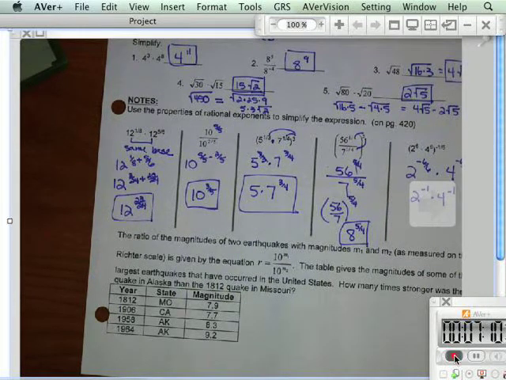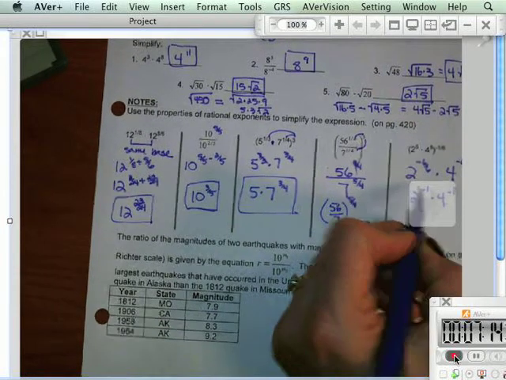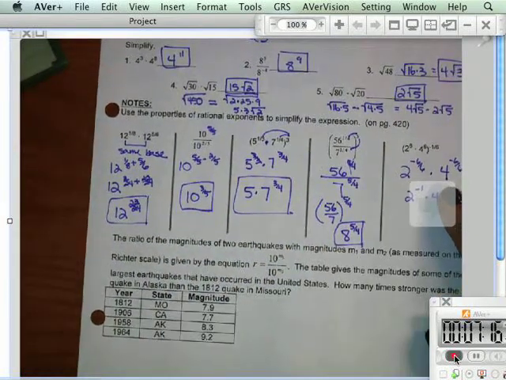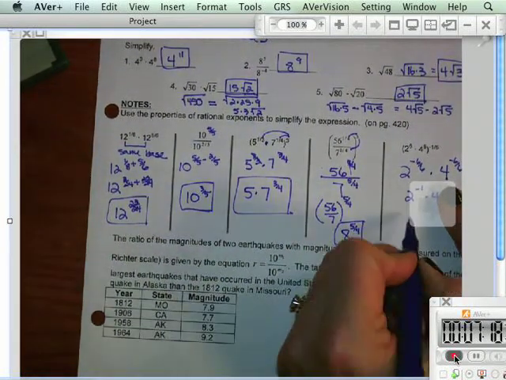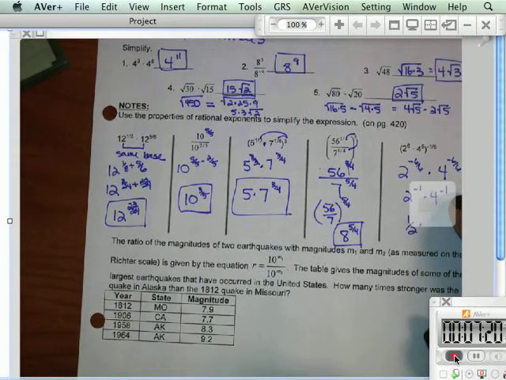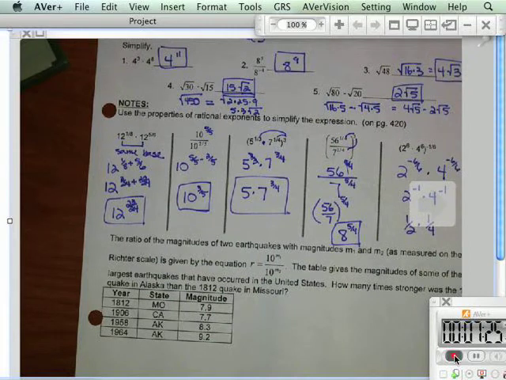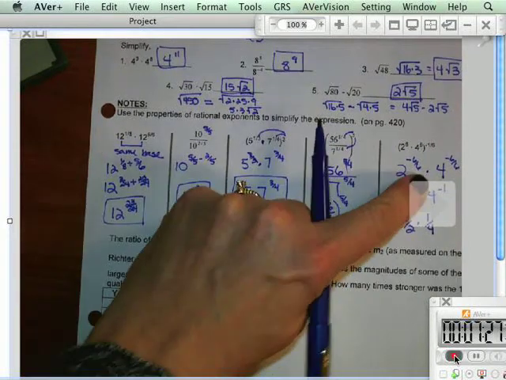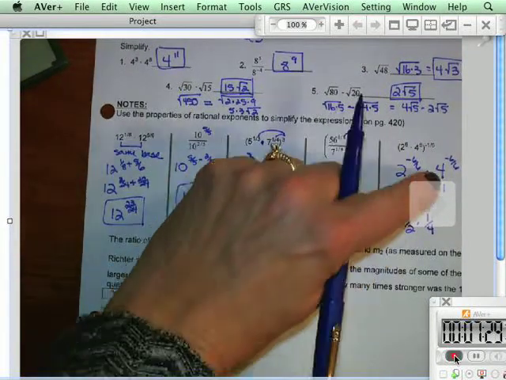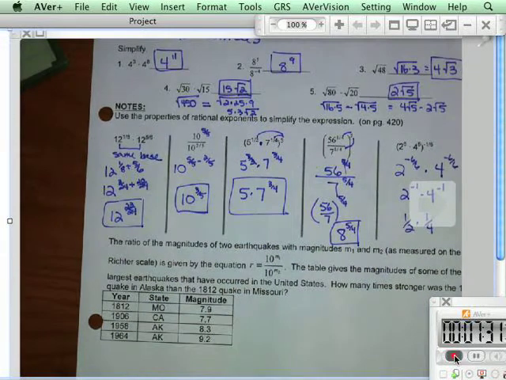That's not how you leave an answer when you're told to simplify. So how can I rewrite 2 to the negative 1 without a negative exponent? 1 over 2 times what? 1 over 4. That's rewriting this like this and rewriting this like that. It was from last chapter.